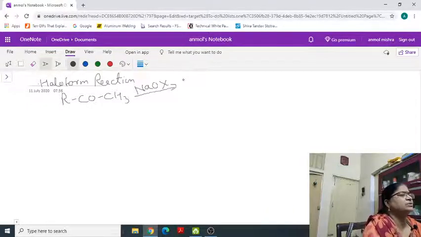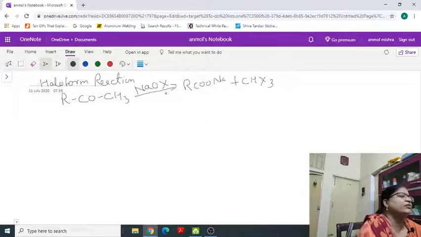It forms RCOONa plus CHX3. If this X is iodine, then it will form iodoform.